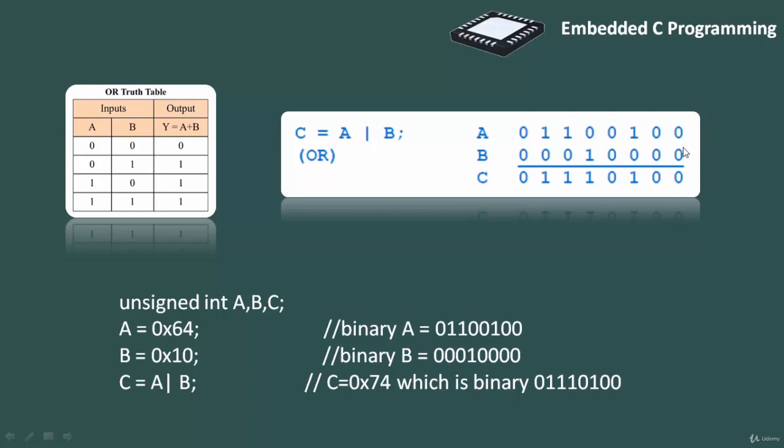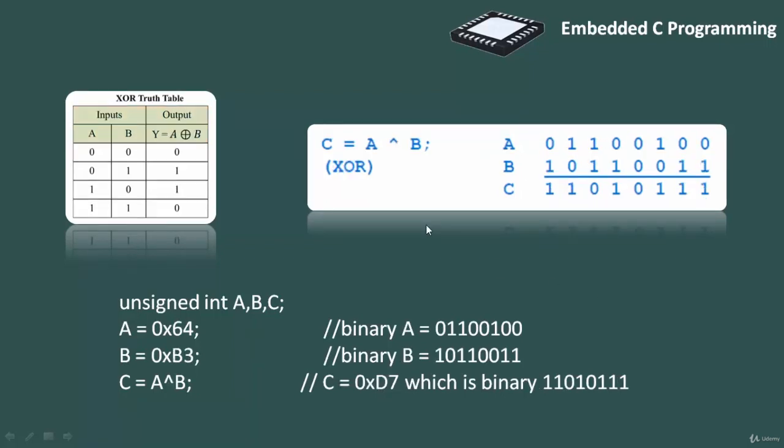So 0 OR 0 is 0, 0 OR 0 is 0, 1 OR 0 is 1, 0 OR 0 is 0, 0 OR 1 is 1, and so on. To perform this OR operation, we can take the help of this truth table. After successful OR operation, the value stored into C is 0x74.